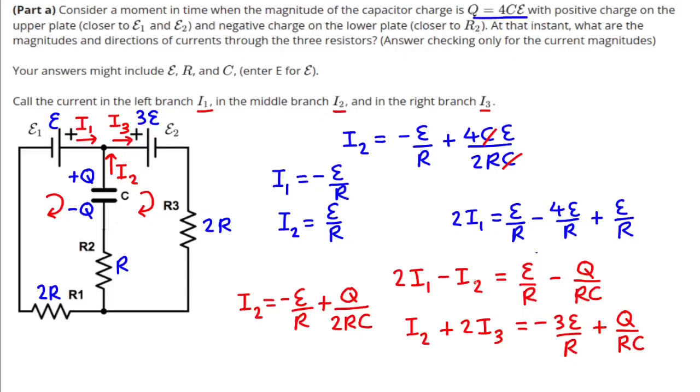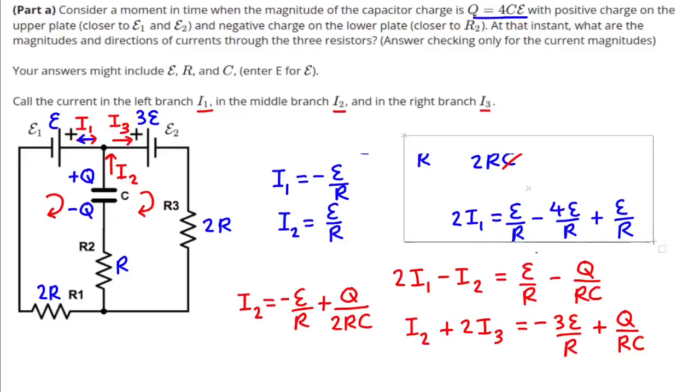So that gives 2 minus 4, which is minus 2 epsilon over R, divided by 2, which gives I1 is minus epsilon over R. So as you can see, we've got a negative answer, so the current I1 actually points to the left in this case. Now let's make a bit of room.